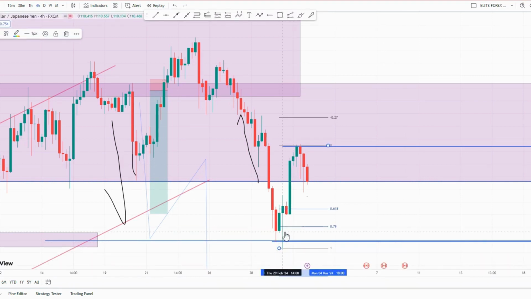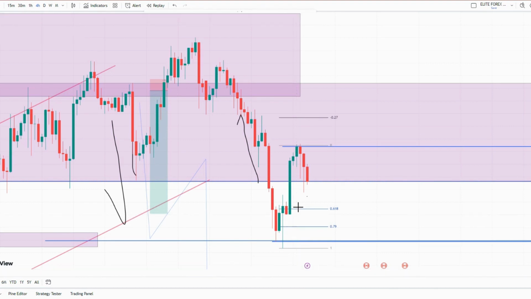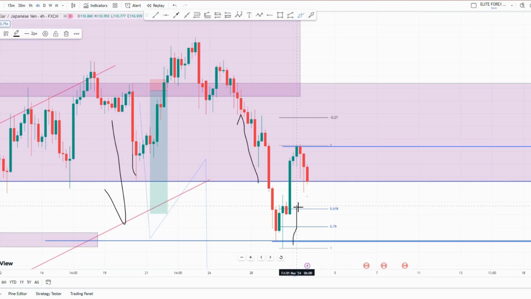So from this point, you see the market cut from here to this point. I'll wait until the market gets to 0.618.